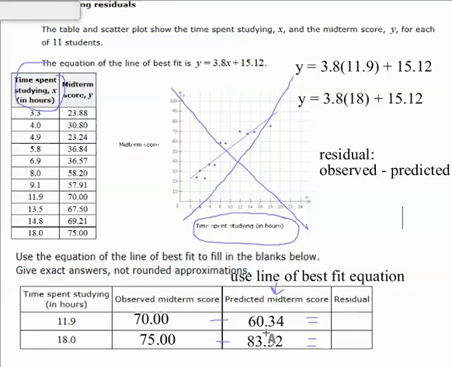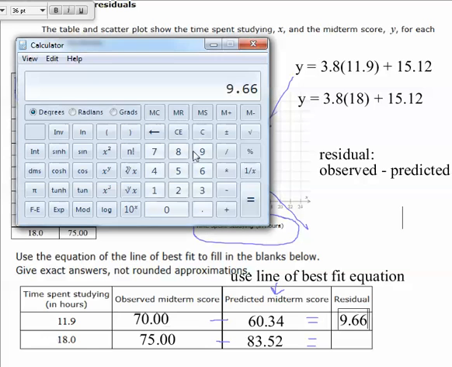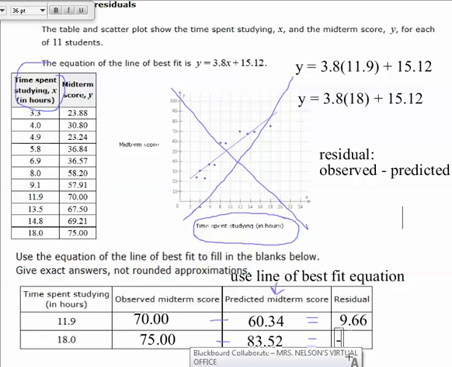I get 9.66. And for this one, I get negative 8.52. And it's okay for it to be negative, okay? So you want to be exact.